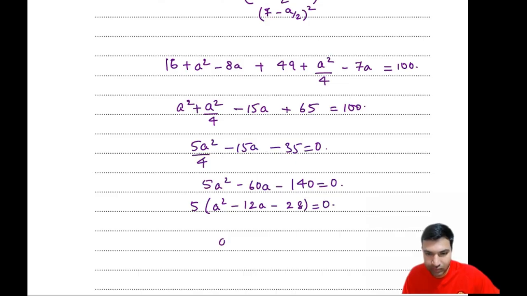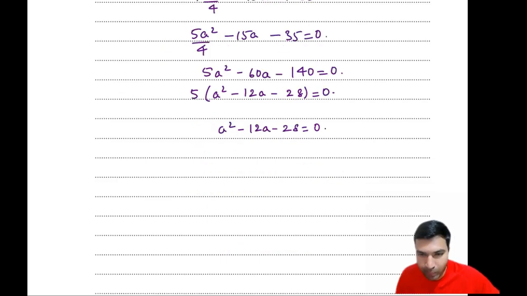So from here, we need two numbers whose product is negative 28 and whose sum is negative 12. So that's negative 14 and 2, right? Negative 14 plus 2 equals negative 12, and therefore we get a equal to 14, or a equal to negative 2.